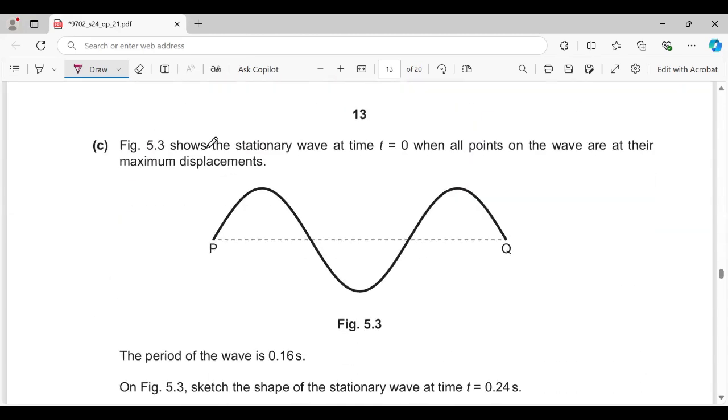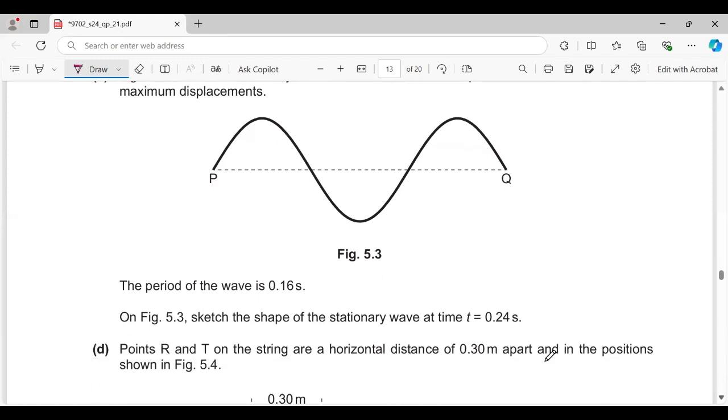Figure 5.3 shows the stationary wave at time t equals 0 when all points on the wave are at their maximum displacement. The period of the wave is 0.16 seconds. On figure 5.3, sketch the shape of the stationary wave at time 0.25 second.